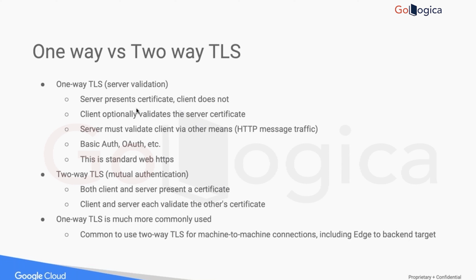So when we implement one-way TLS for browser-based apps, the client verifies the server using the TLS certificate, but the server verifies the client using tokens. If you have a correct and valid token, then you can hit the API. If your token is not valid or your client is not valid, then you discard the request. So for one-way TLS, we always implement OAuth or basic authentication.